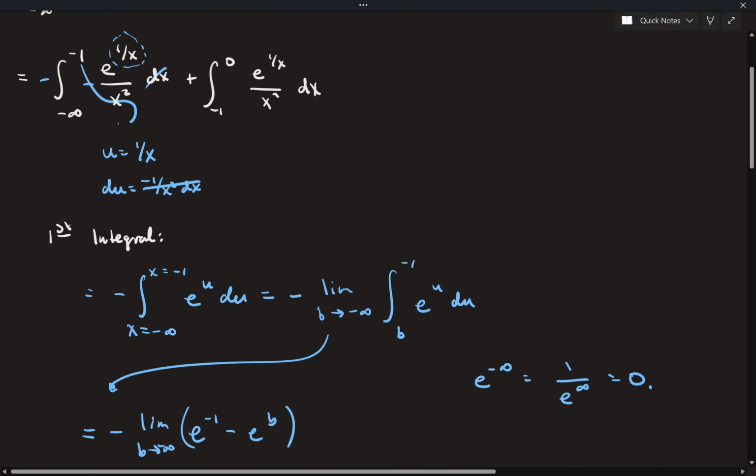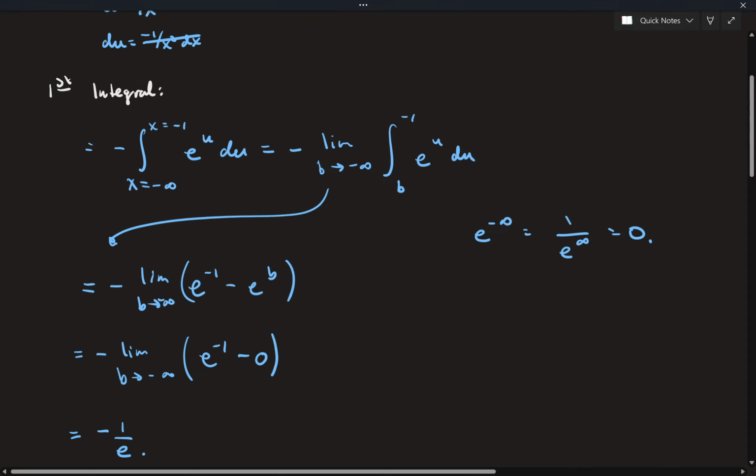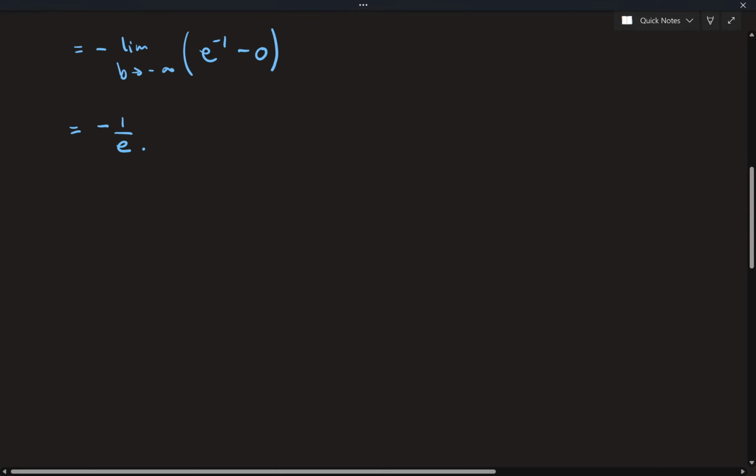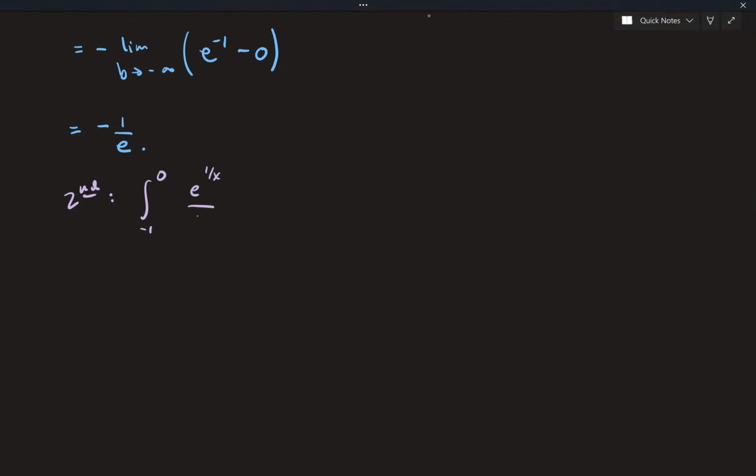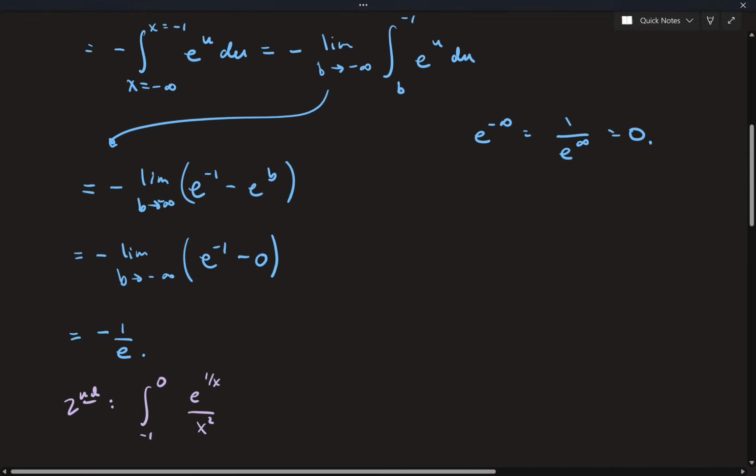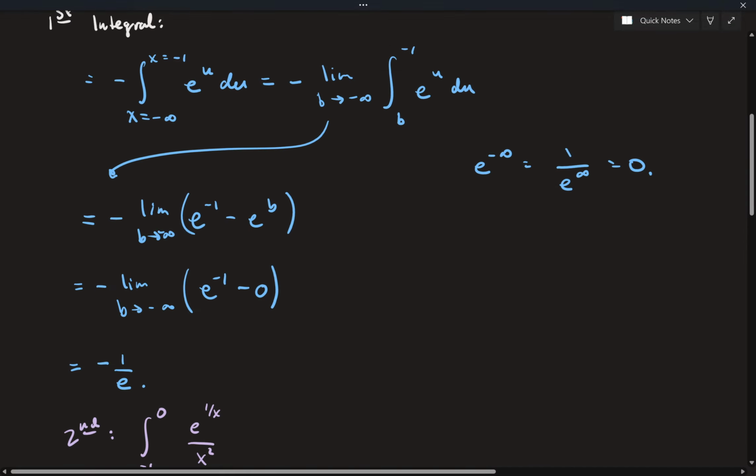I'll do the second part in another color. I have the integral from minus 1 to 0 of that. I actually already have. Oh shoot, I did something wrong here.